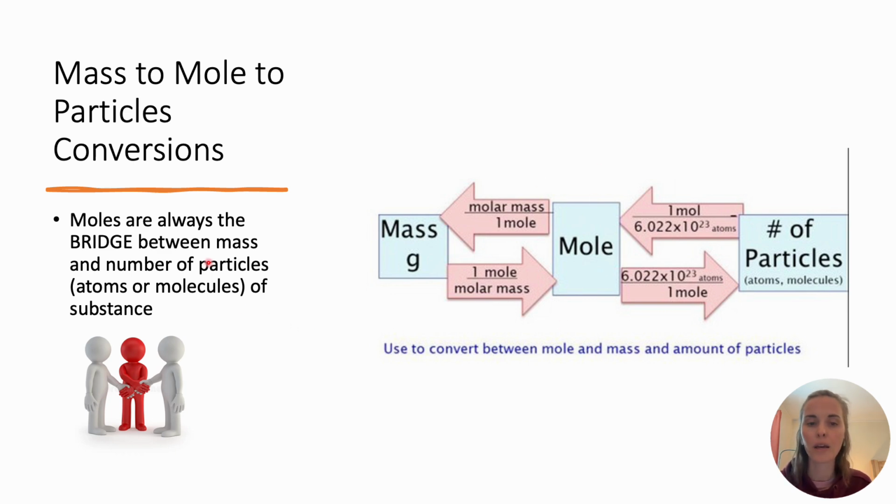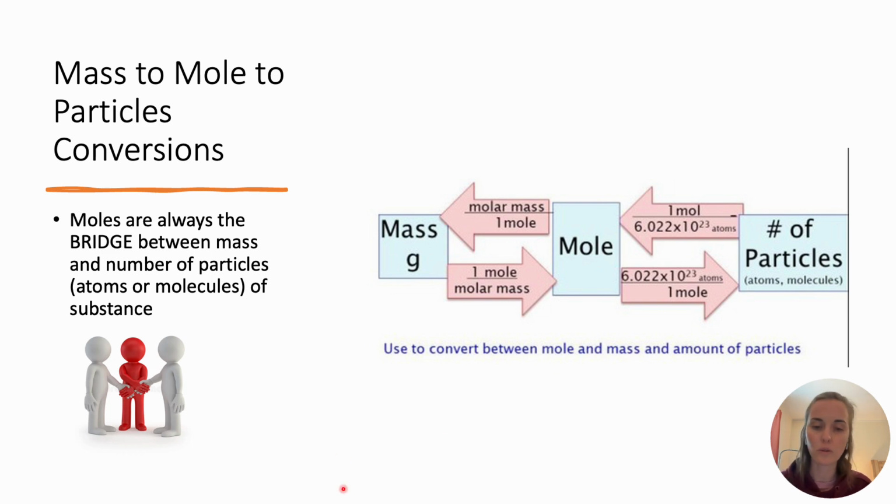In your mass to moles to particles conversions, moles are always the bridge between your mass and your particles. So if I say I have 5 grams of boron, how many particles is that? I would convert through moles to get to particles.